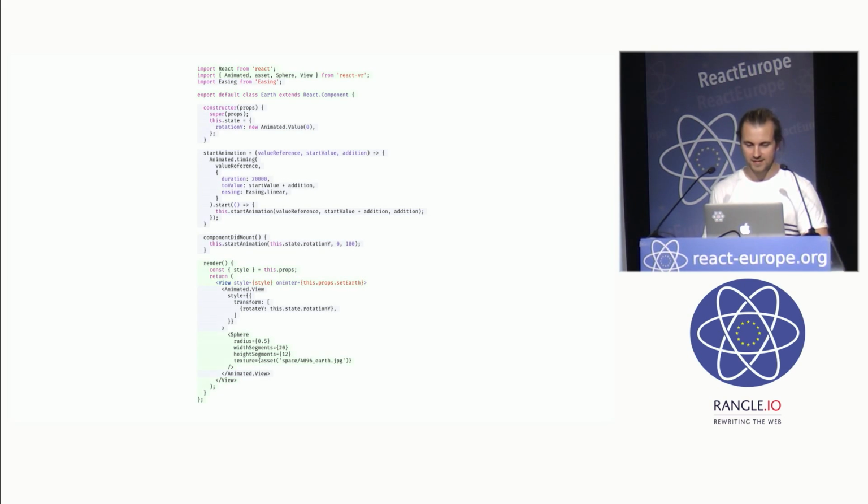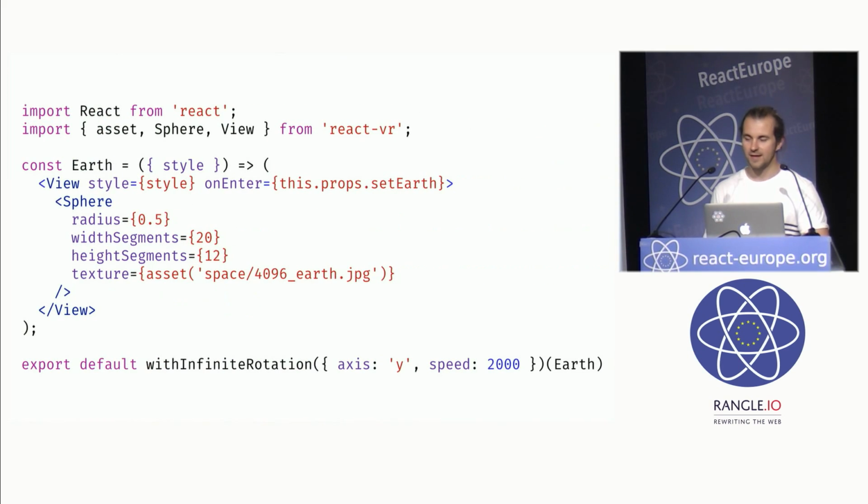Can you remember this here? This is a bunch of code, and we can extract the whole rotation part and get it into one higher order component. And we can even provide it with parameters, as we've seen with the text before. And that's really cool, because suddenly you have this higher order component, you can test it really well, and you can do multiple planets that are way, way simpler in your code base.